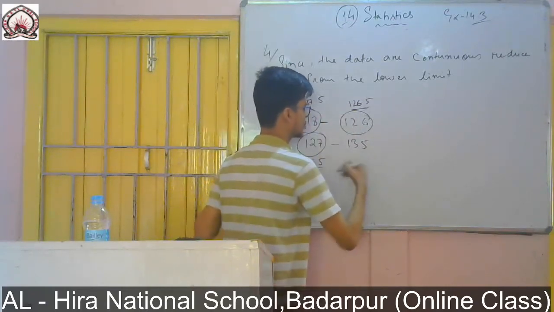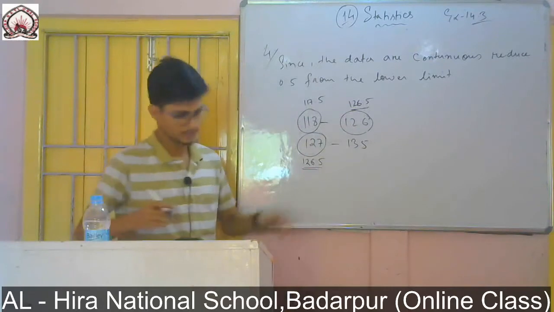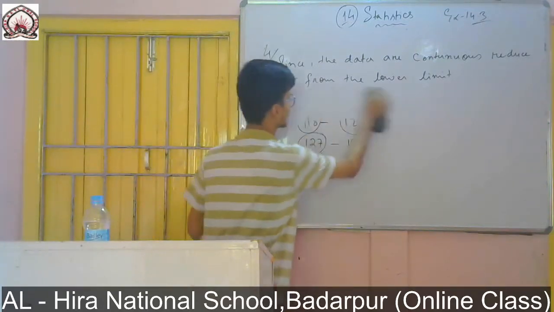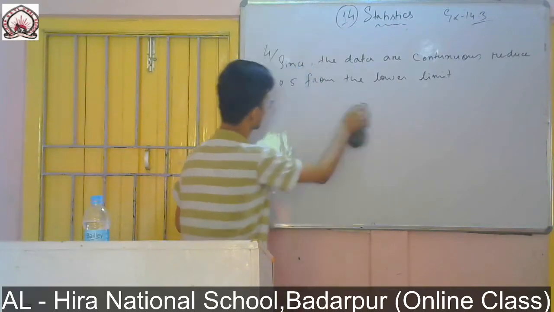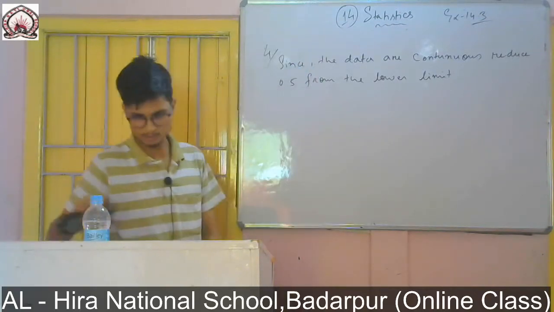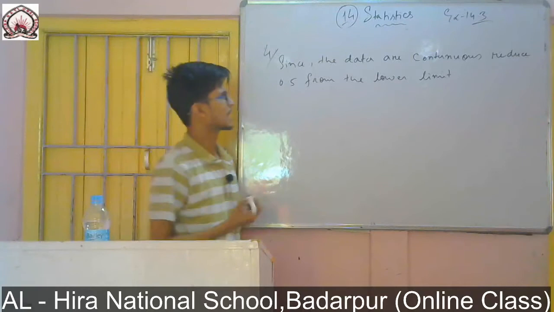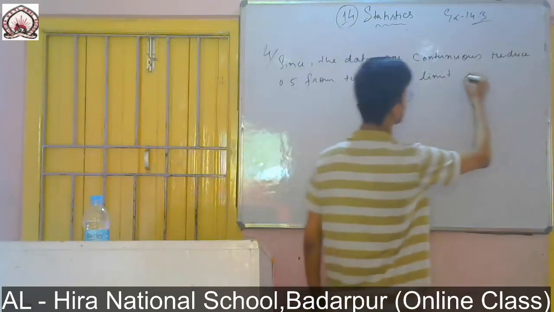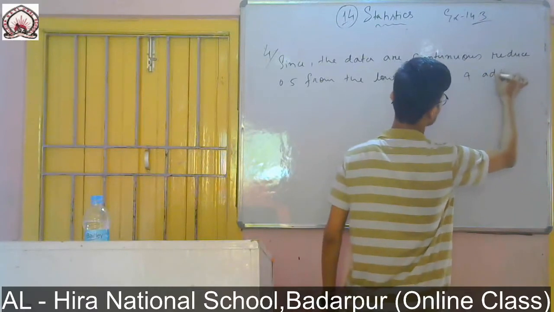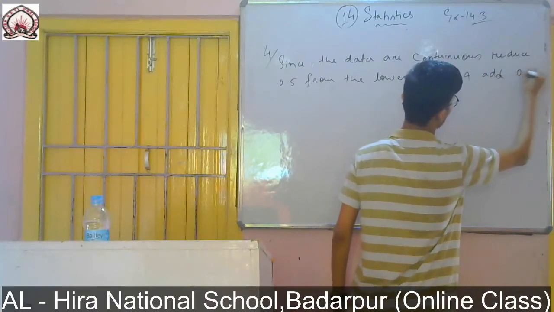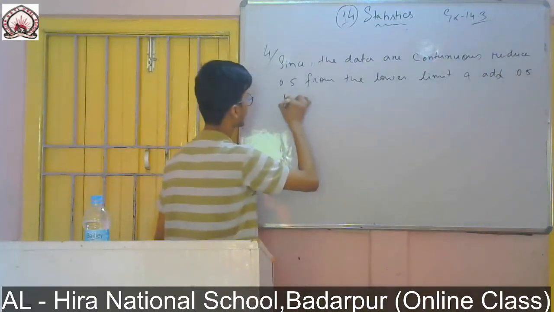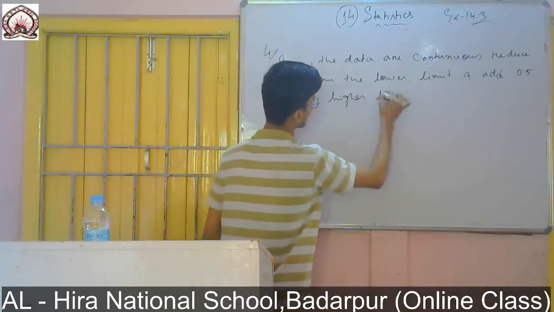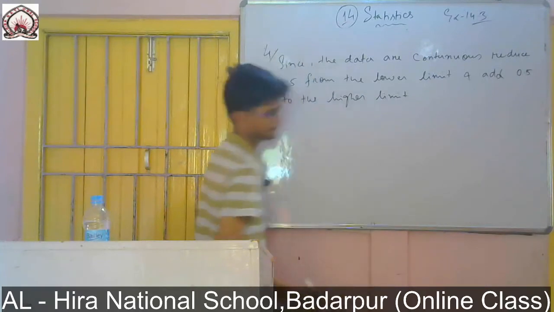Then the next one will be 135.5, and so on. Now the data will be continuous. So to make the data continuous, you have to write like this: since the data are not continuous, reduce 0.5 from the lower limit and add 0.5 to the upper limit.